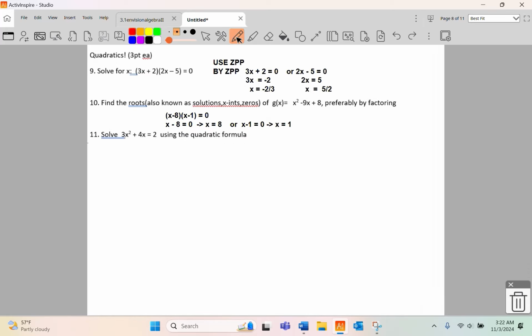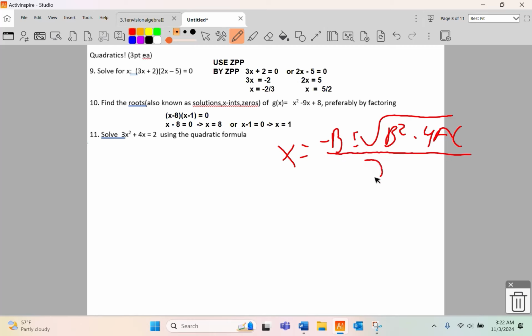So let's see here. It's x equals negative b plus or minus the square root of b squared minus 4ac, all over 2a. And again, I'm having to do this not at work with my stylus and stuff, just my fat finger.